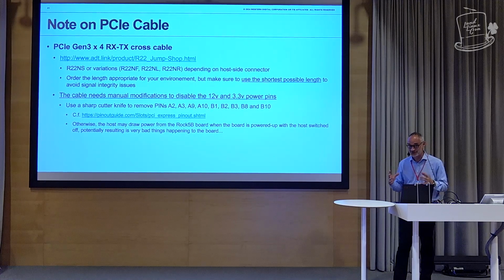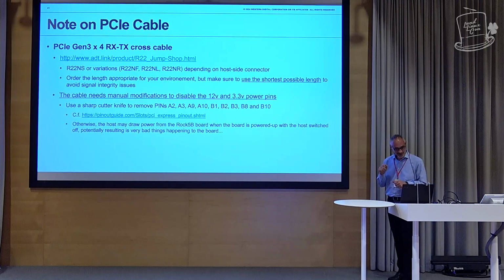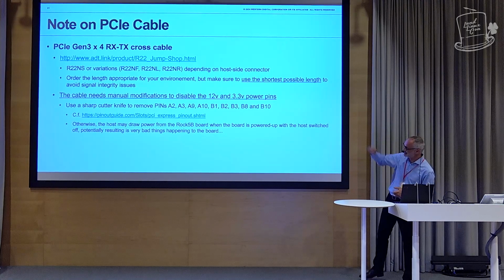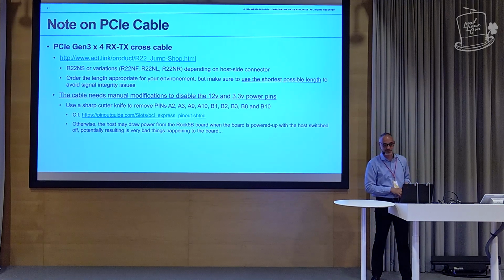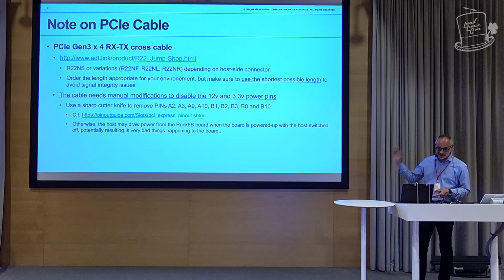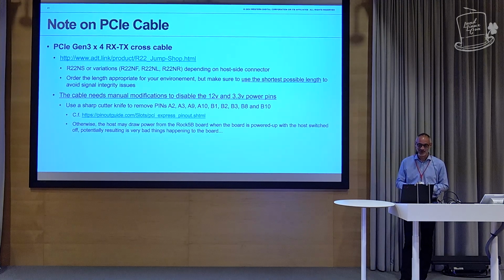Yes, what can go wrong with that? So make sure to get a very sharp cutter knife and cut out the pins listed here, which are the 12 volt and 3.3 volt power pins. Leave the grounds, that's fine. You don't get any ground loop problems with that, but you have to cut the power pins, otherwise, yeah, things can get really funny.